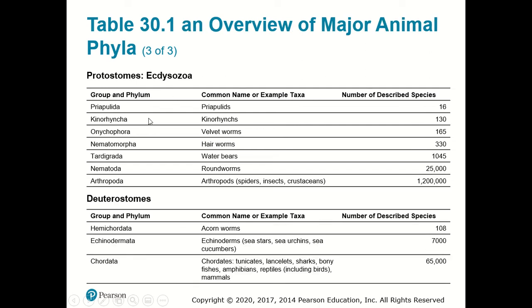The Ecdysozoa would be another smaller group for protostomes, and these many species exist within the Ecdysozoa. Now, protostomes are called protostomes. Their name comes from their embryonic development. I'll go over this in more detail later in the lecture.